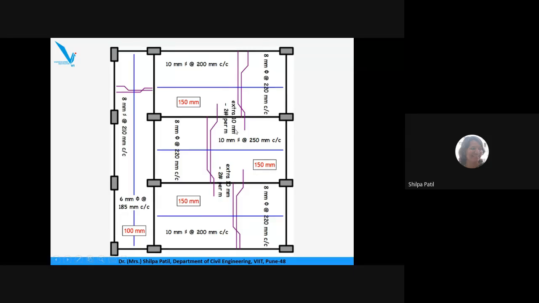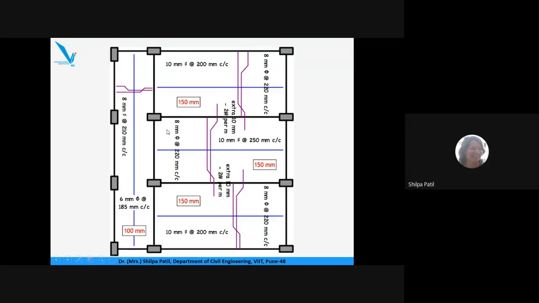Now here across the support, we have provided extra 10 mm bars, 2 numbers per meter. Extra means these are the bars which are bent and they are coming over a support. This is a bent bar from this slab. This is the bent bar coming from the second slab. Other than this, the extra 10 mm, 2 numbers of bars per meter we are providing here, that we have to write here because we cannot show it here.